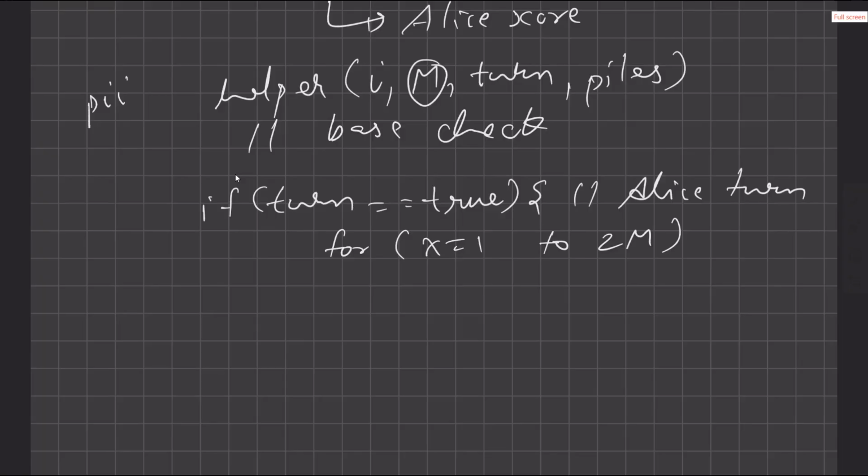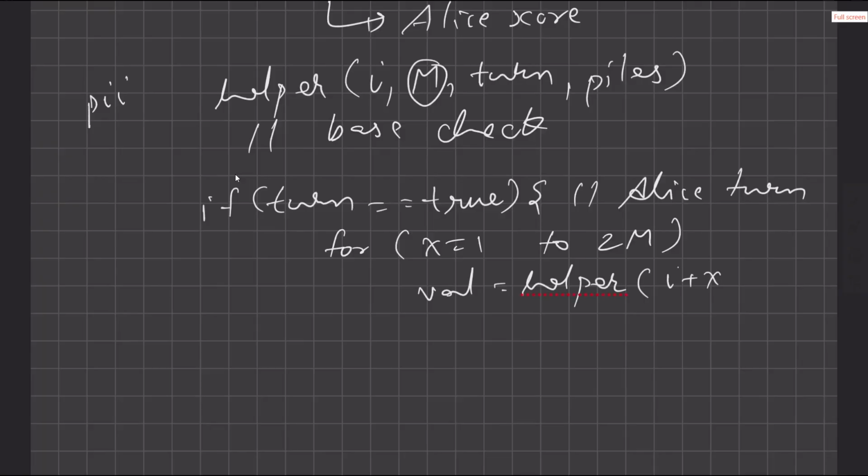So we'll have a value wherein we'll call the helper function. When we are choosing one stone, the next stone that Alice will be choosing is from i plus x.